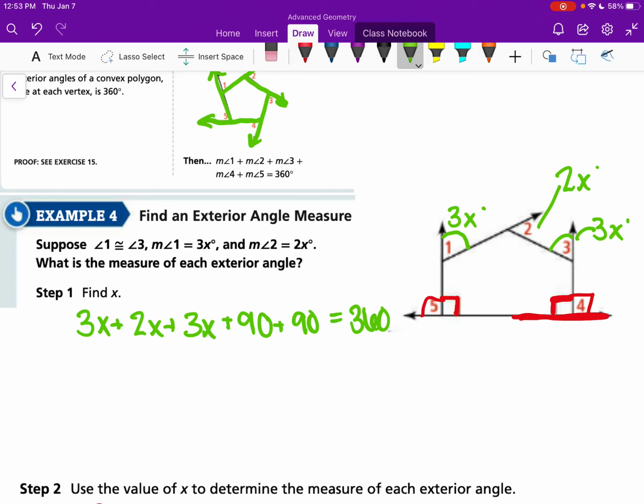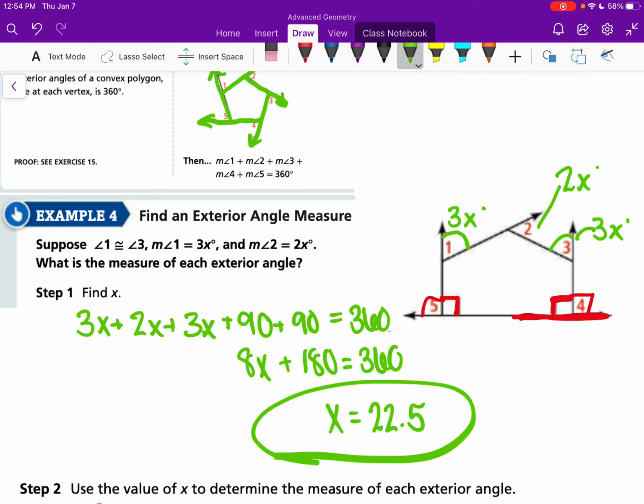Let's combine like terms and simplify. 3x plus 2x plus 3x gives me 8x plus 180 equals 360. Go ahead and pause and solve that equation. You should end up with x equals 22.5.